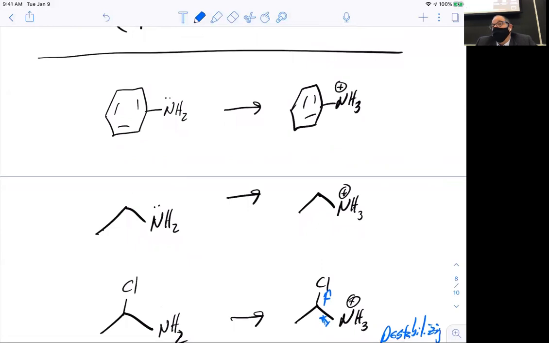No, the phenyl group has resonance. This has resonance, but I can't draw the electrons out here because I'd have to lose a bond. It doesn't have a direct effect on this. It does have a slight one, and we'll get to this in reactions of alkenes.